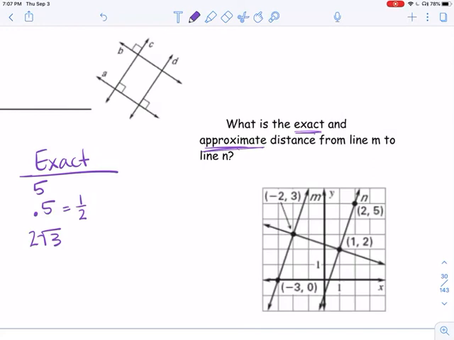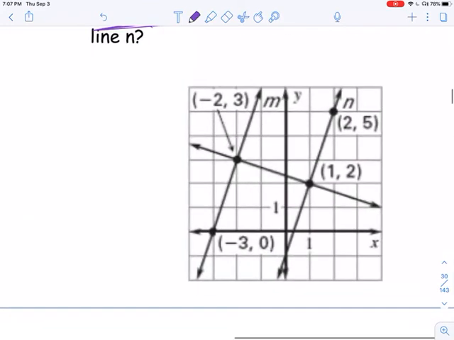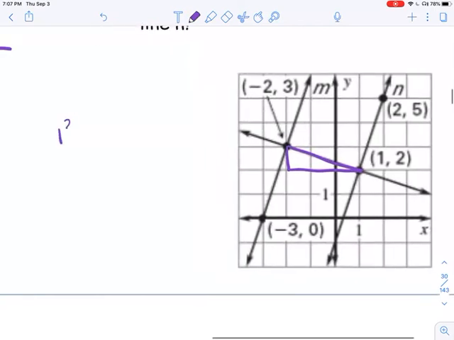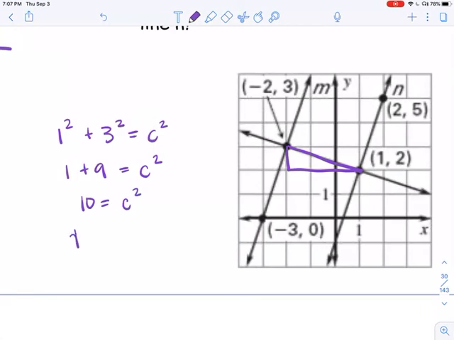So if we want to talk about distance, I'm going to use Pythagorean theorem here. I have 1/3 to find the distance. So if I do 1 squared plus 3 squared is equal to c squared, this is 1 plus 9. So 10 is equal to c squared, and then take the square root of both sides to give us the value of c. Now, this square root of 10 will be our exact answer.